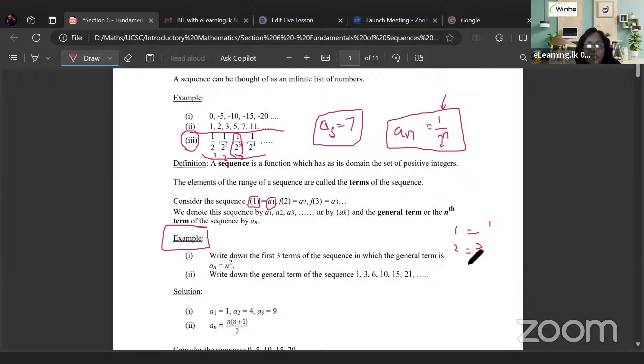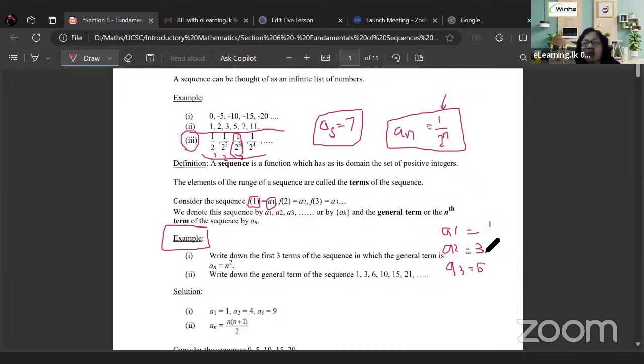Normally when we write the general term, we have to consider the nth term, whether it is the first term or the second term. We have to write down the general term. Right? So A2 is 3, A3 is equivalent to 6.